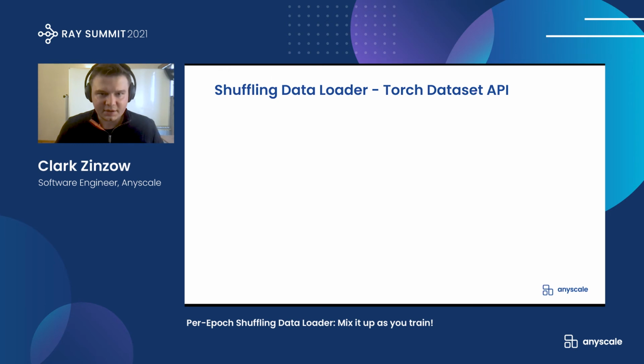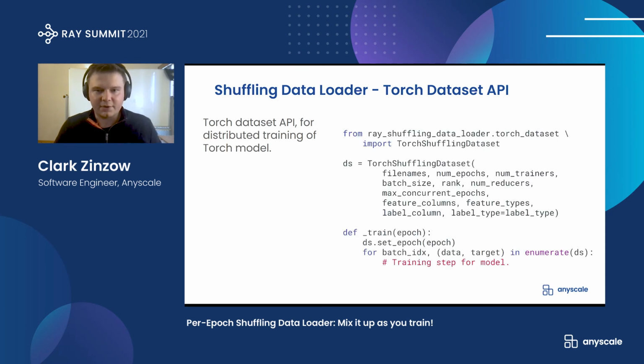And then specifically for Torch distributed data parallel training, we have a Torch dataset API, which is a very light wrapper around that last dataset. As you can see, most of the construction parameters are the same, except for these feature and label specs.